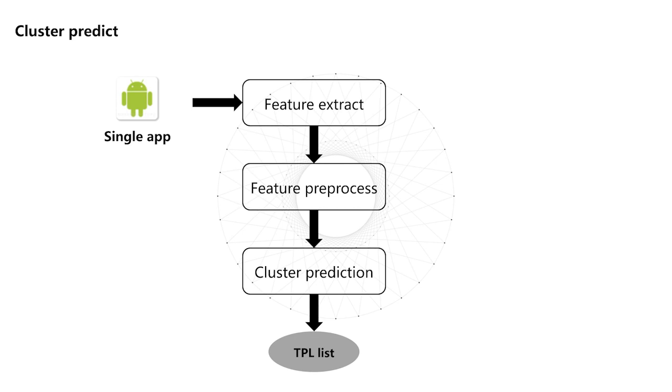Then we conduct a cluster prediction based on the models established in the clustering process. According to the map between labels and TPLs, we can get a list of TPLs used in the single app.